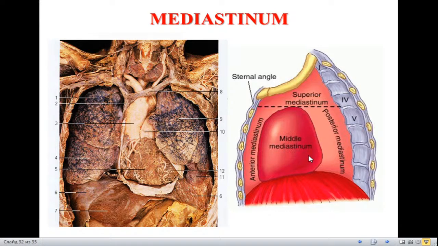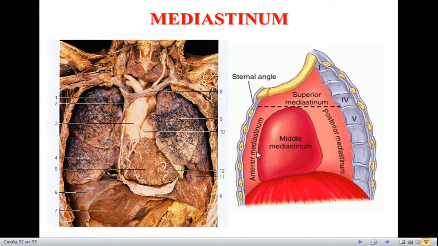In inferior mediastinum we also subdivide anterior, middle, and posterior mediastinum. The anterior mediastinum is bounded by the posterior surface of the sternum and the anterior surface of the pericardium. All structures situated between these are structures of anterior mediastinum.